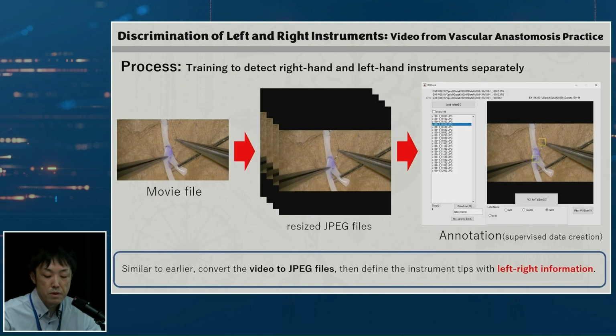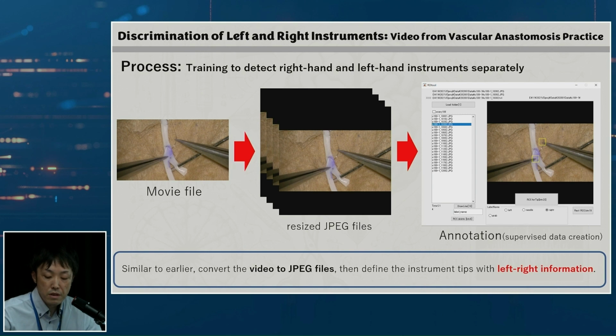Here, I'm going to explain the identification of left and right surgical instruments using a video of vascular anastomosis practice. First, for data preparation, we convert the surgery video to JPEG files. Next, we perform annotation.